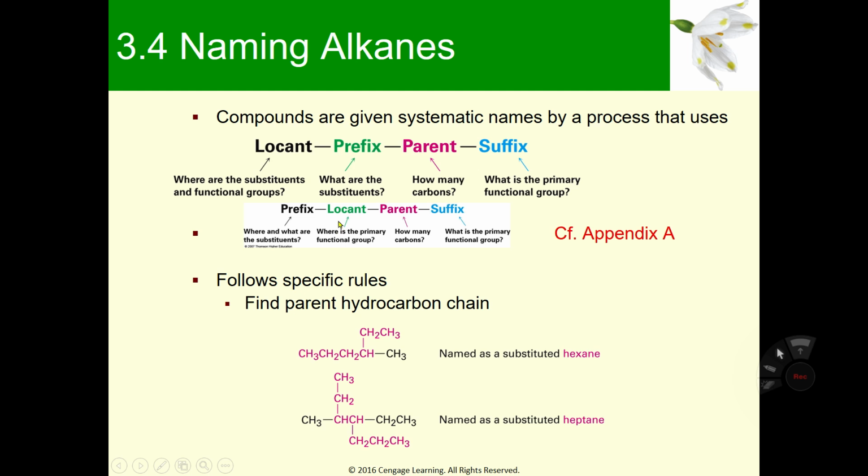Then we use a locant right before the parent to indicate the location of a functional group. But in this case, this locant represents the location of a substituent to the parent, and this prefix includes this locant number also. So don't confuse, all right?